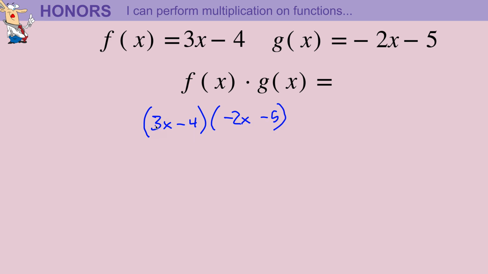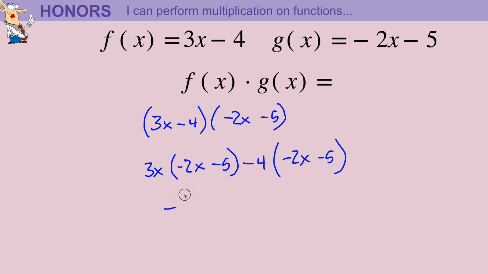Let's multiply 3 times negative 2. Oh, wait a minute. I want to distribute it: 3x times (negative 2x minus 5). I almost started doing the method that I learned, which was FOIL, but that's okay. This is a great method. Then we'll take a negative 4 and multiply it by negative 2x minus 5.